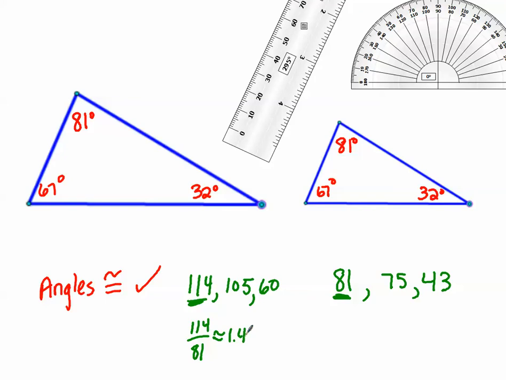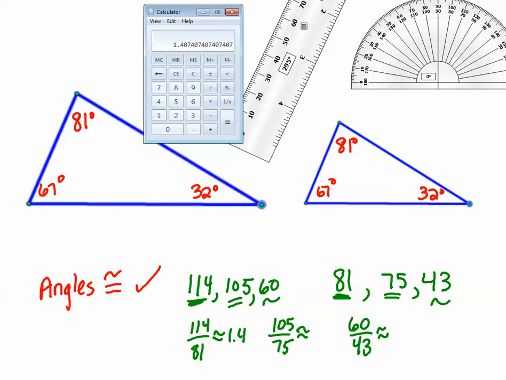Okay, let's take the two medium-sized sides now, 105 divided by 75. And while we're at it, since we're calculating, let's write down the short sides too, 60 divided by 43, those corresponding parts. Let's see what they simplify to.